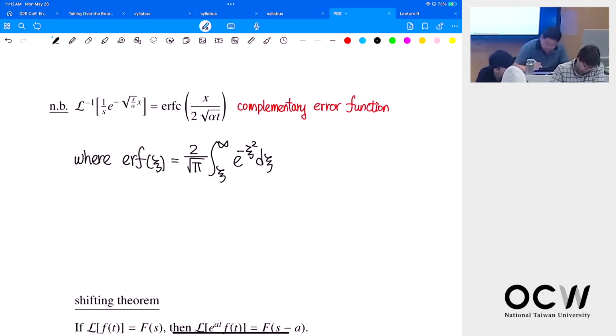Oh, sorry, this is the complementary. No wonder I felt that it should be 0 to c. So this is the complementary error function.